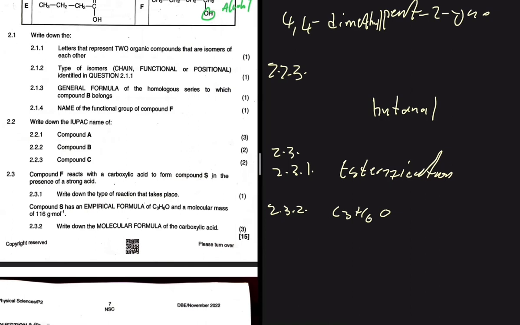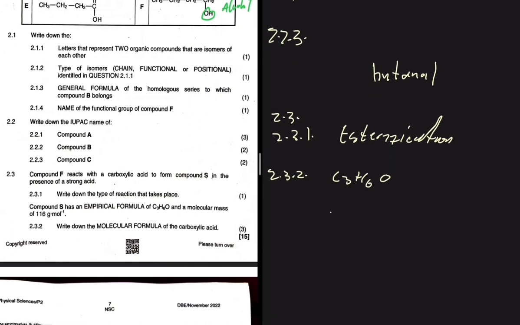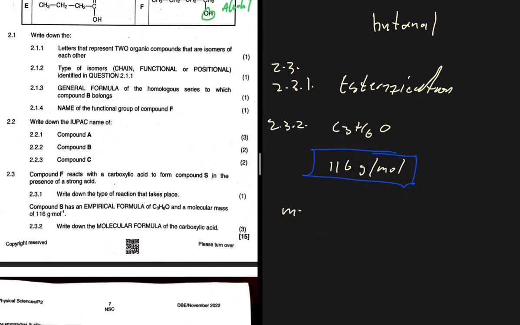So we have esterification for 2.3.1, and then 2.3.2, compound S has an empirical formula of C3H6O, right? And a molecular mass of 116 grams per mole. So this 116 is the molecular mass of the compound. And we know fully well that the molecular formula will always be equal to N multiplied by the empirical.